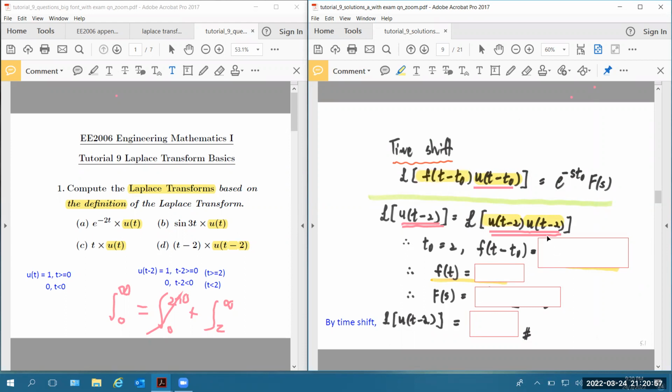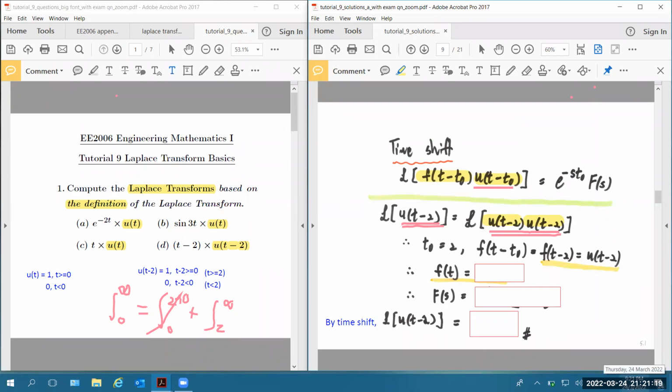So this is this, and this is this. That means your f(t minus t naught) here is actually u(t minus 2), and of course the t naught here is 2.